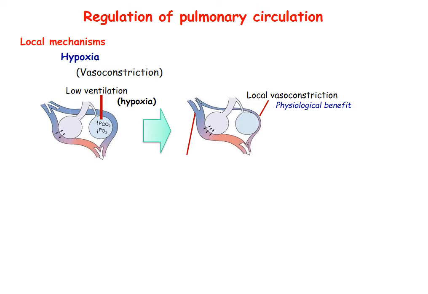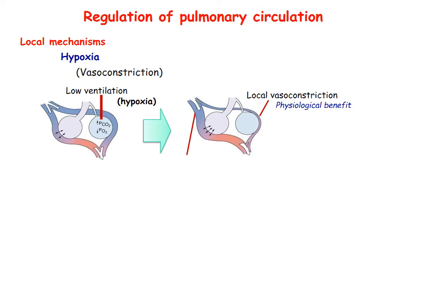A local vasoconstriction is produced. Consequently, we will have a greater blood flow in the alveoli that have an appropriate amount of oxygen, and we eliminate the blood flow through the alveoli which do not have the appropriate amount of oxygen.